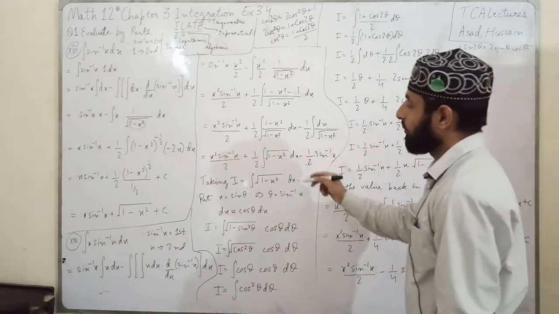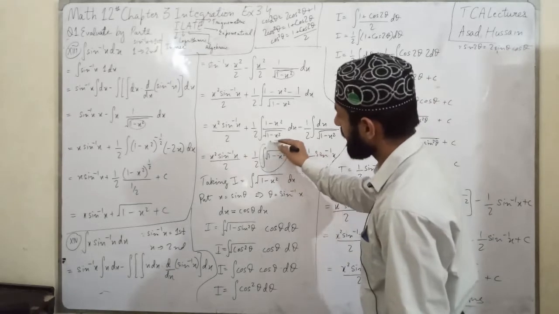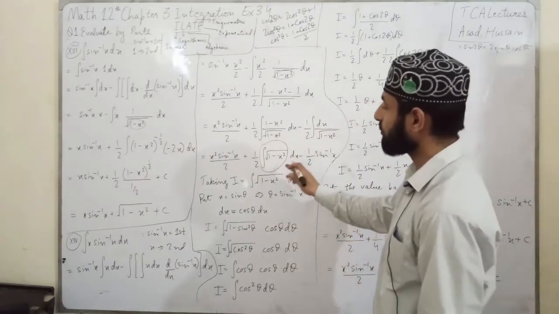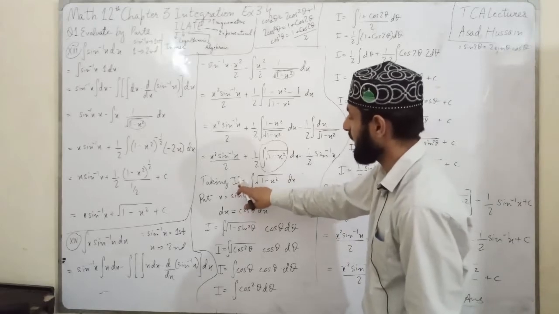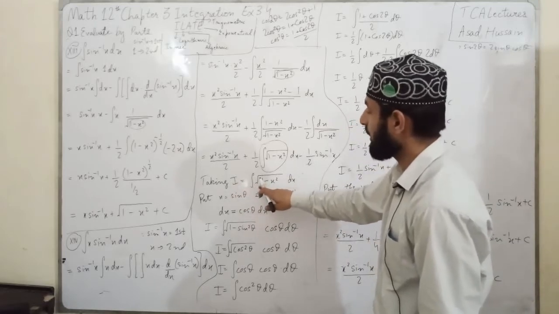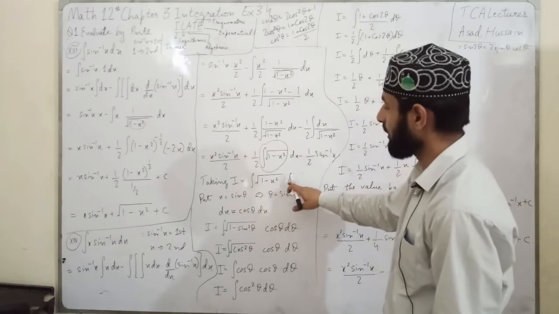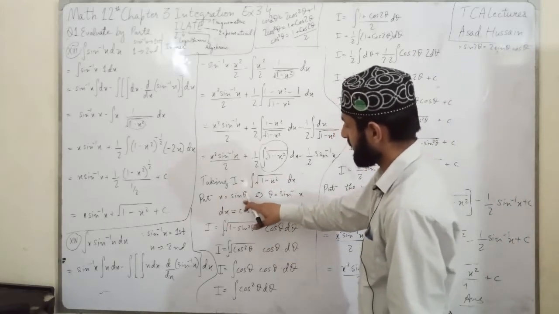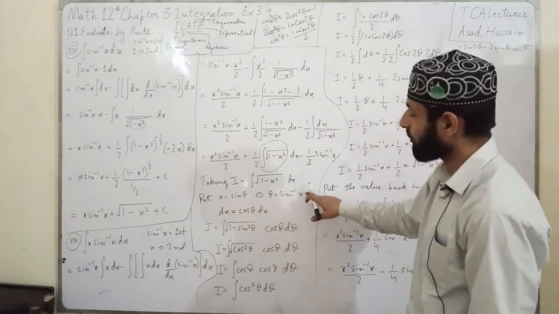Now for this integral, we have to take its integral separately. For this we assume I is equal to integral under root 1 minus x square dx. Put x is equal to sine theta, which implies theta is equal to sine inverse x.